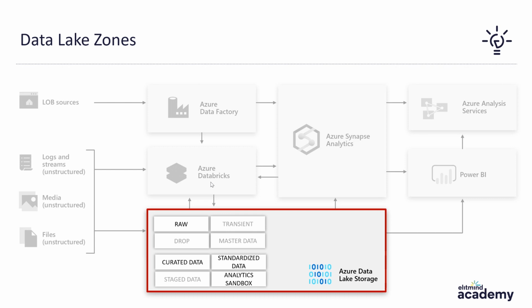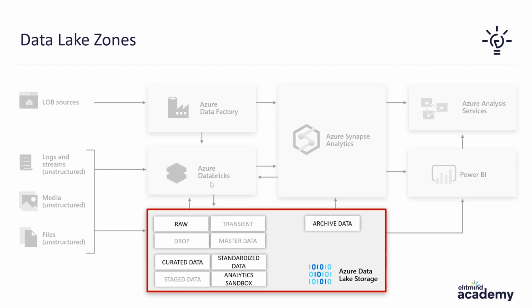Now, also you can use the staged data zone to make sure that anything coming from the raw zone and being transformed is passed in some process to the data warehouse part of this architecture.